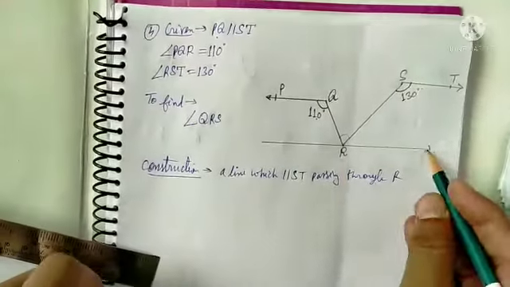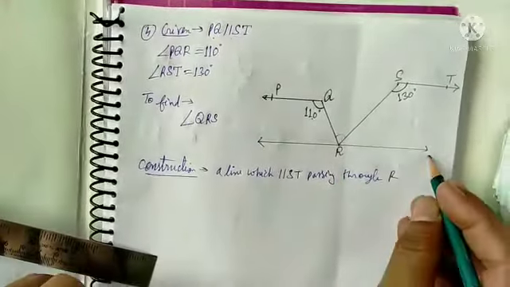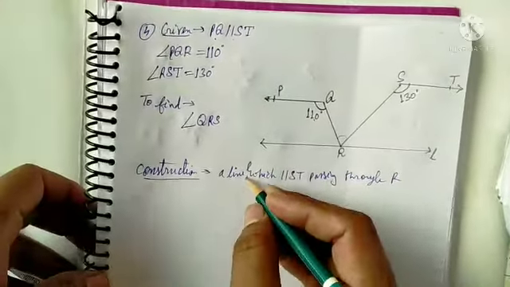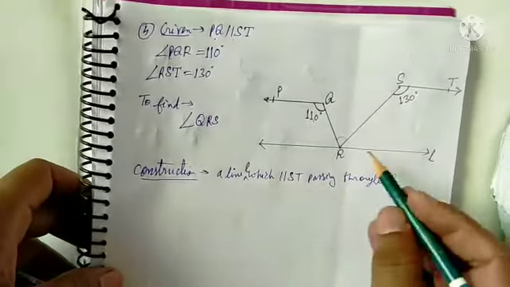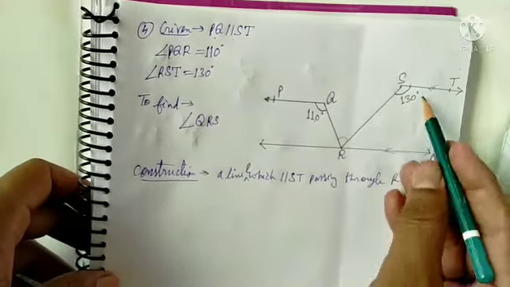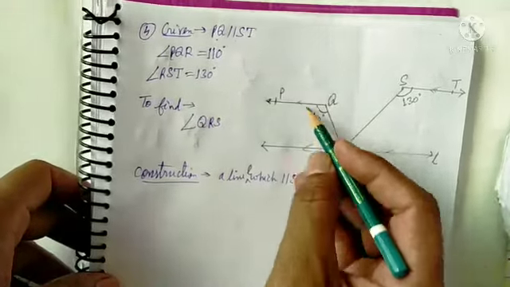Suppose you have taken a line L which is parallel to ST. If it is parallel to ST, then it will be parallel to PQ also.